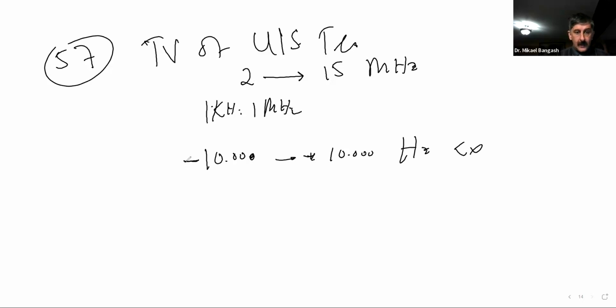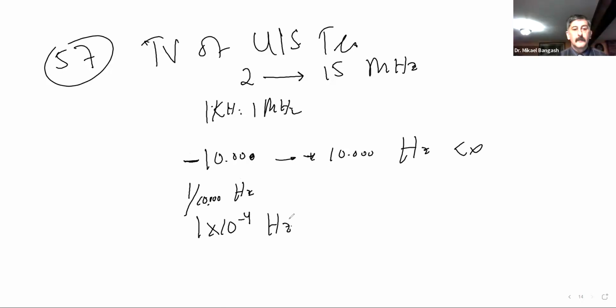But just keep in mind, guys, this minus 10,000 hertz could also be written as 1 over 10,000 hertz, or 1 multiplied by 10 raised to the power minus 4 hertz.